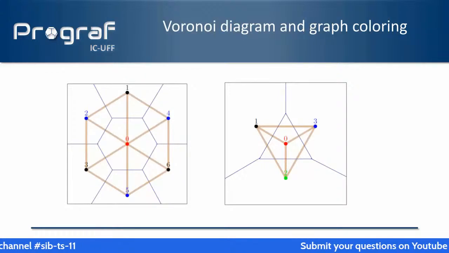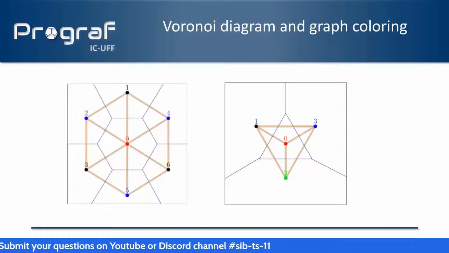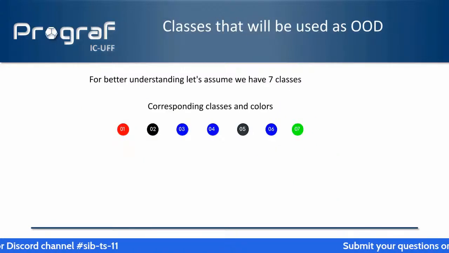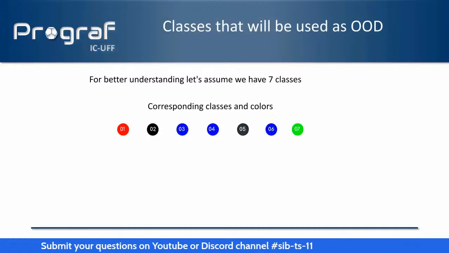Note that vertices with the same color are not necessarily neighbors, as we can see with the blue and black colors on the left side. We can take any number of classes, but just for didactic purposes, let's restrict it to 7 classes.